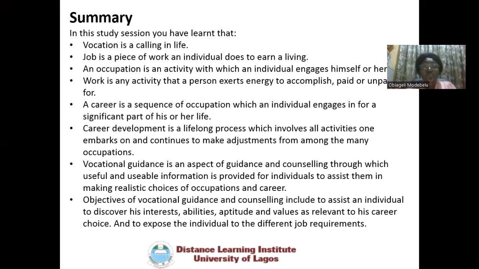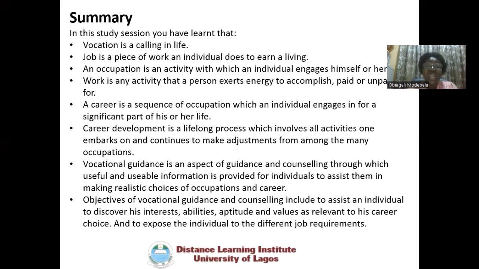It includes all activities that an individual embarks on and continues to make adjustments. As you move, you keep making adjustments, you keep getting higher degrees, you keep getting higher diplomas, you keep attending conferences and seminars to improve yourself, and then keep moving from one position to the other, keep developing yourself until you get to your retirement stage.